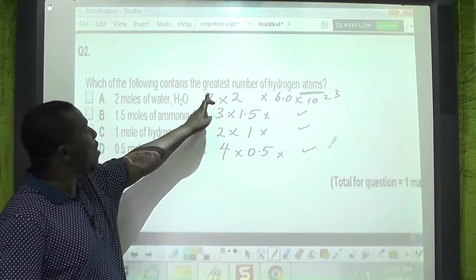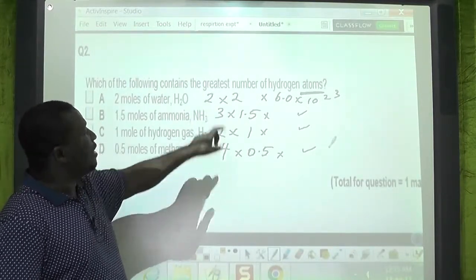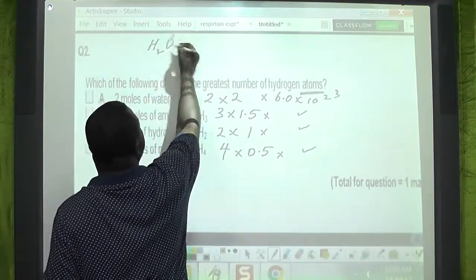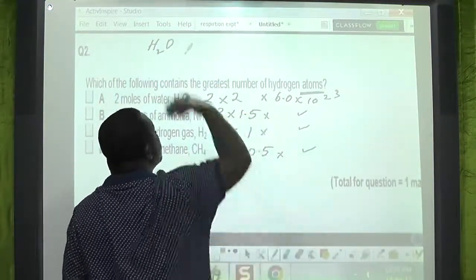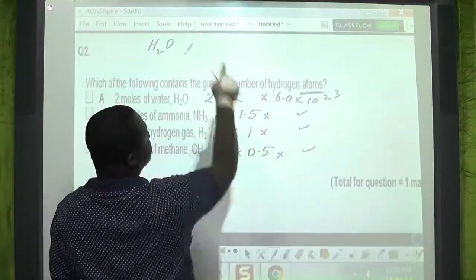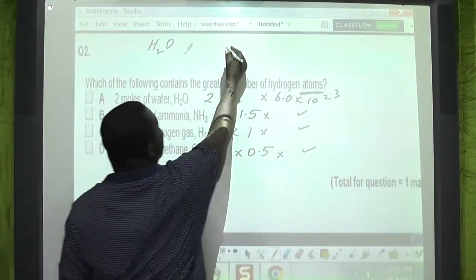So this is the number of hydrogen atoms we have in 1 molecule of each. So multiply, because for water, H2O in 1 mole is this, then in 2 moles it is multiplied by 2. We are telling you the number of NH3.